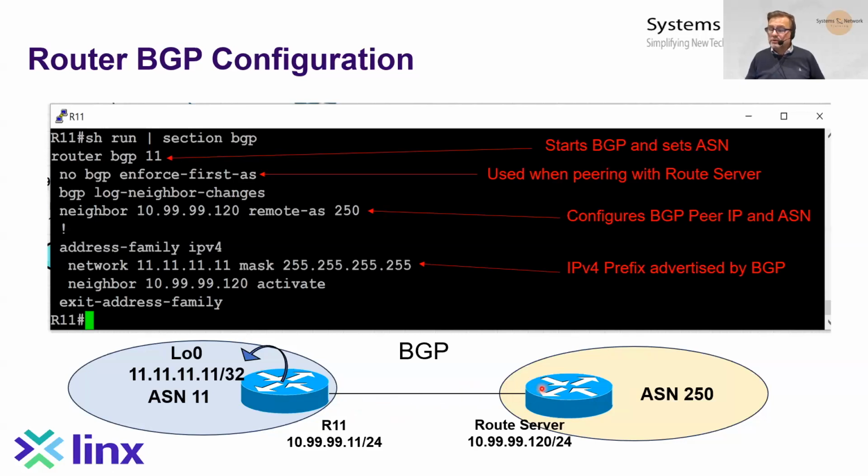However, one of the changes that root servers perform is that when they advertise routes to their members that are connecting to them, they do not advertise their own AS. The root server will be in its own AS as discussed, but it won't advertise its AS. And we need this line in our router, for example, if you're using a Cisco type configuration, to allow your router to accept that situation.